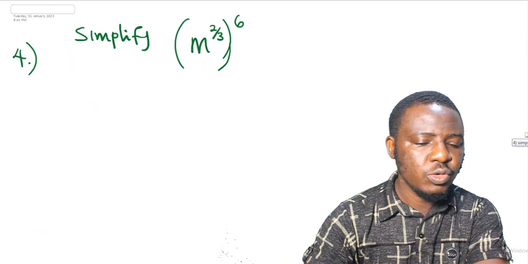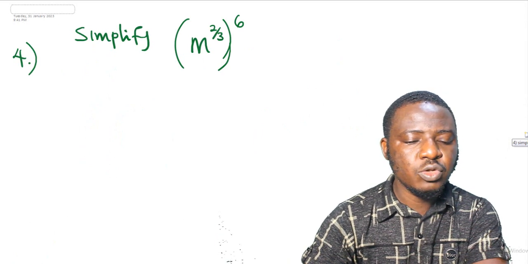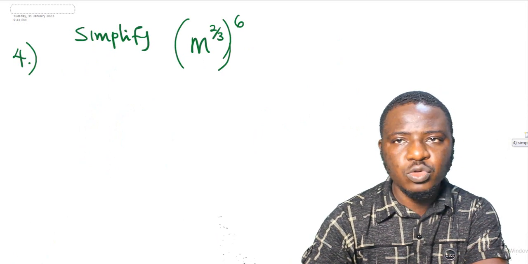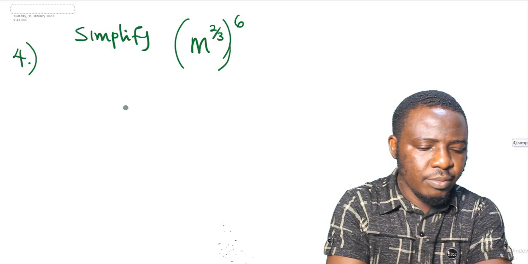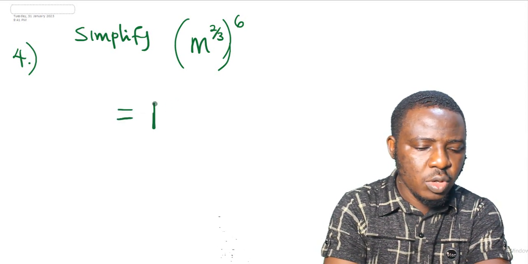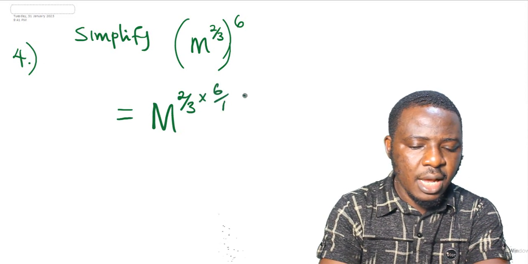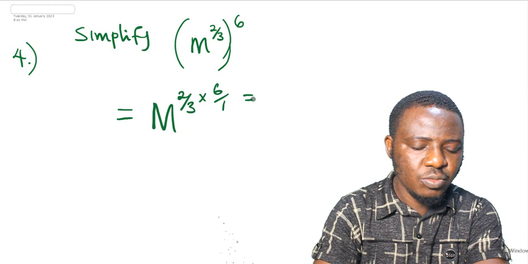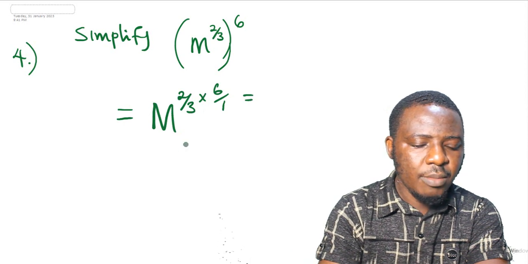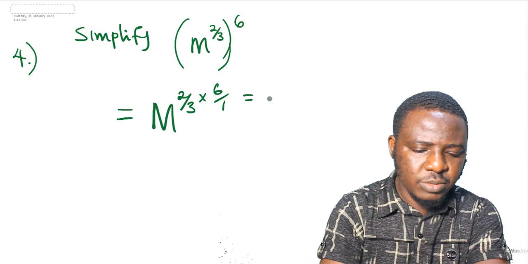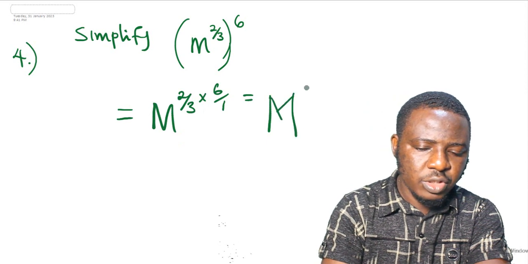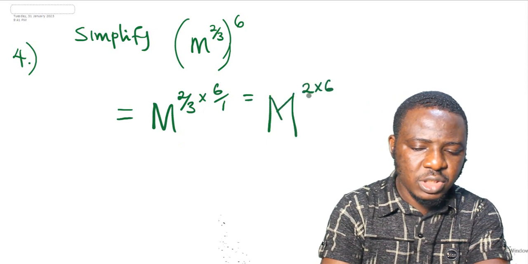Question 4 says we should simplify m raised to the power of 2 over 3, all to power 6. Same thing goes. This is equal to m raised to the power 2 over 3 to be multiplied by 6 over 1. Looking at the powers, this becomes m raised to the power of 2 times 6 divided by 3.